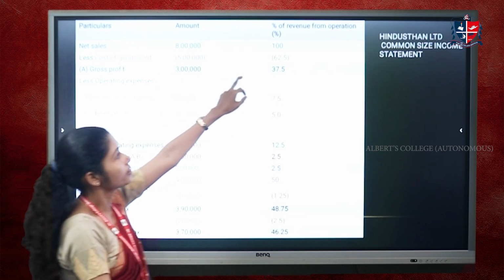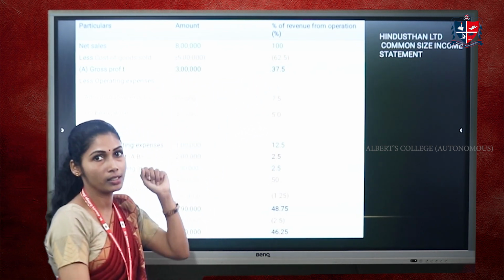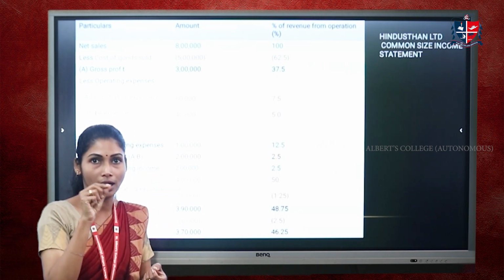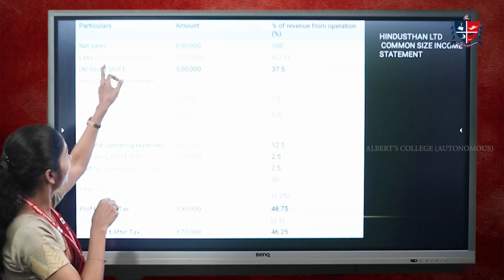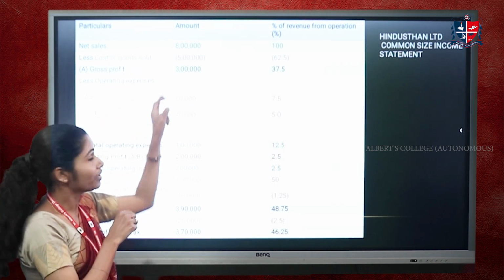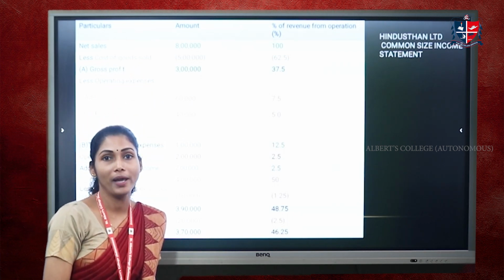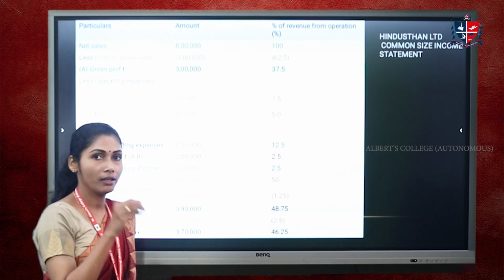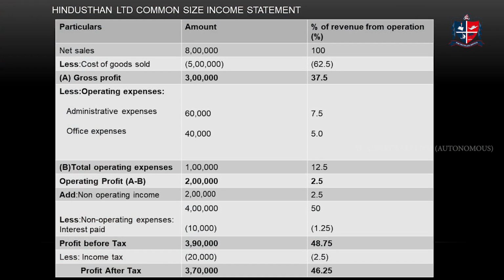Then we will get 62.5%. Okay, I'll repeat. Current year item, that is cost of goods sold, divided by common base, that means net sales, into 100. We use this formula to find out these percentages.